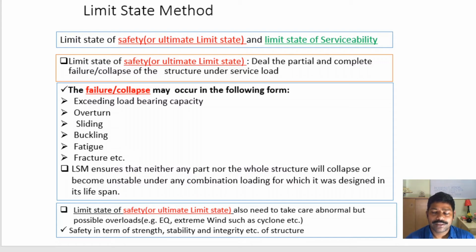Basically, it is dealing with the failure of structures, either partial or complete failure, for the load for which they were designed.